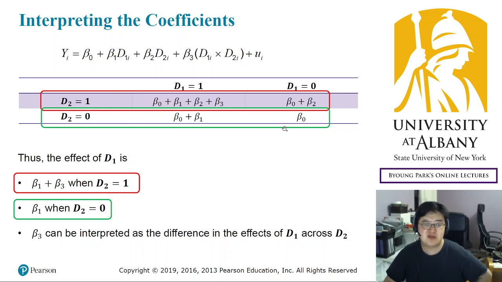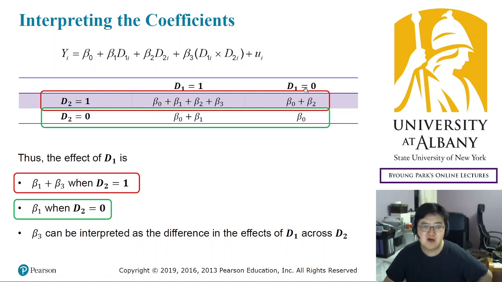So there are 2 by 2 cases, and we may evaluate the expected value of Y depending on the value of D1 and D2. So for example, when D1 is 1 and D2 is 1, it is beta 0 plus beta 1 times 1 plus beta 2 times 1 plus beta 3 times 1 times 1. So we have to add all of these.